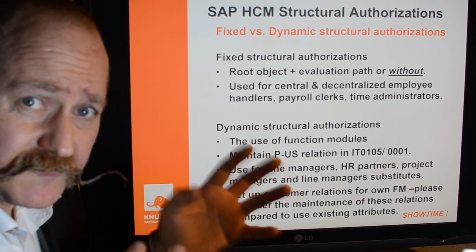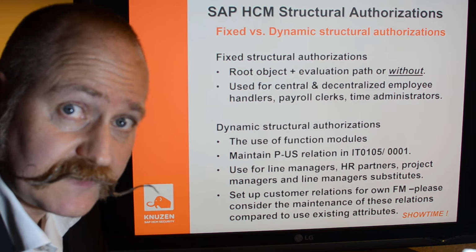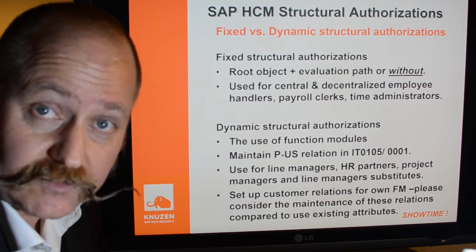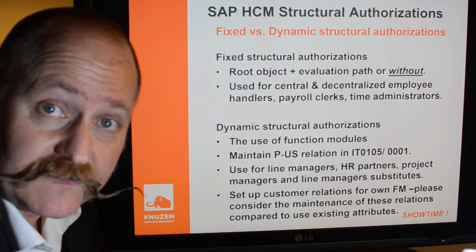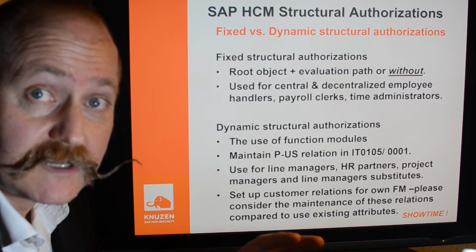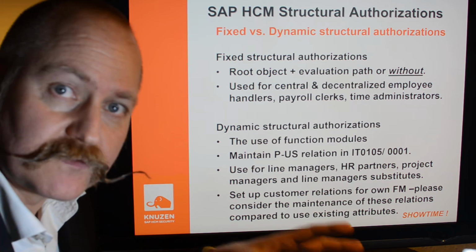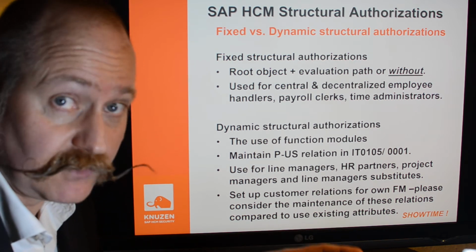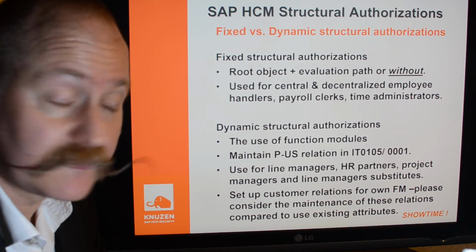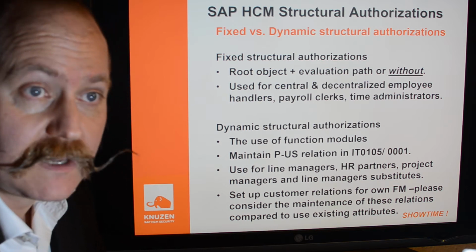When you're setting up the profiles, then you have two setups for structural profiles. You have the fixed structural profiles and you have the dynamic structural profiles. The fixed structural profiles is where you have root objects, could be in the organizational structure, together with an evaluation path that will drill down in the structure and grant you access to those objects dictated by the evaluation path. You can also use it without any evaluation path, and that will actually be a benefit for the performance.